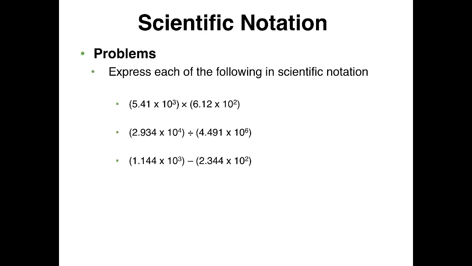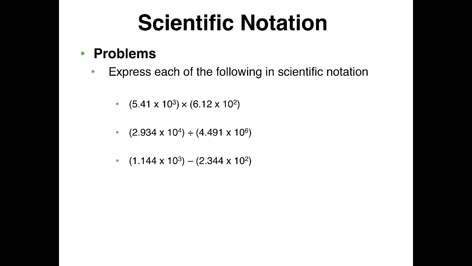Now when you subtract or add, you have to change them so that it's like finding the least common denominator in a fraction. You have to change one of the two numbers so that both of them are expressed to the same power. So you either have to change 1.144 times 10 to the third to some number times 10 to the 2, or you have to change 2.344 times 10 to the 2 to some number times 10 to the 3.